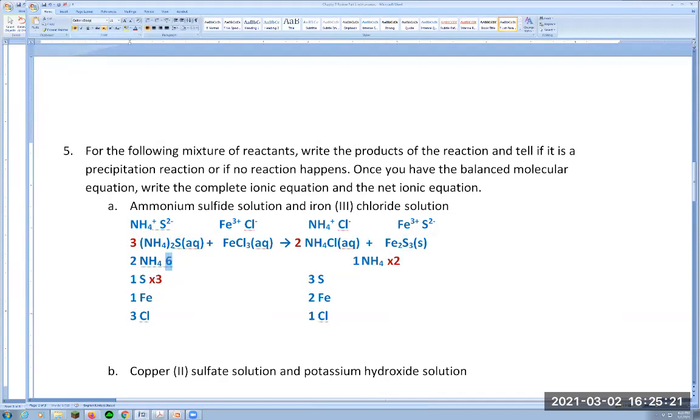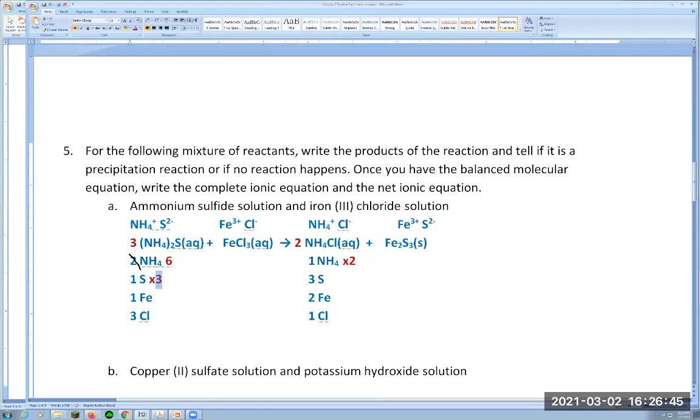Because we have now 6 ammoniums on the left because of the 3 times 2. And we don't want to change that because we want to balance the sulfur here and we need to have that coefficient of 3. So let's make it 6 ammonium on the right instead of just 2.